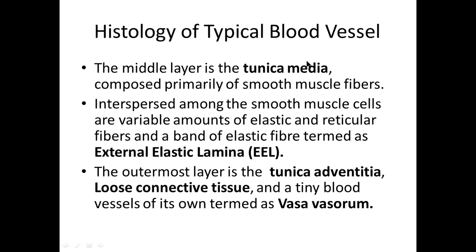Then the outermost layer of a blood vessel is always connective tissue, and that connective tissue layer is termed tunica adventitia or tunica externa. Externa, the outermost or external layer. And wherever the blood vessel is traveling, is it traveling along the muscles? You must have gone through muscular identification in previous anatomy labs in semester 1.